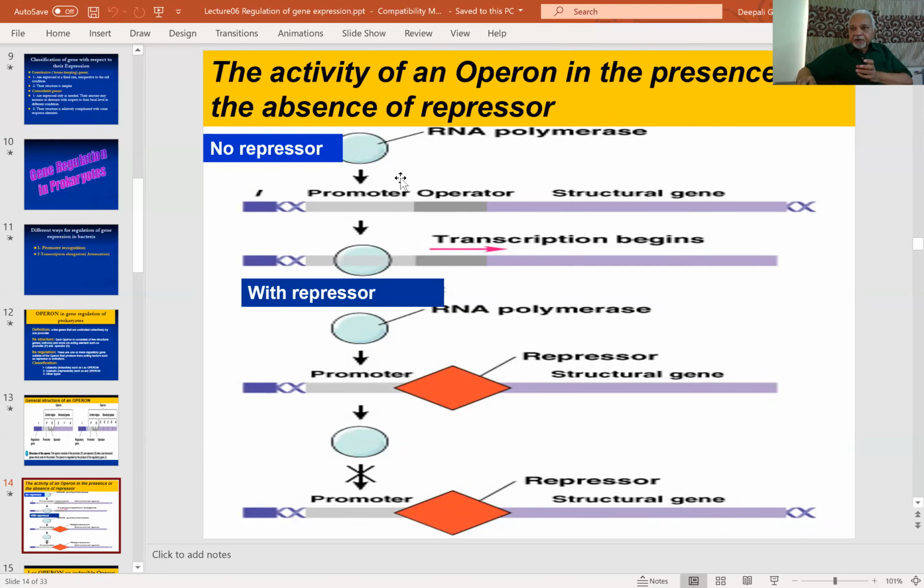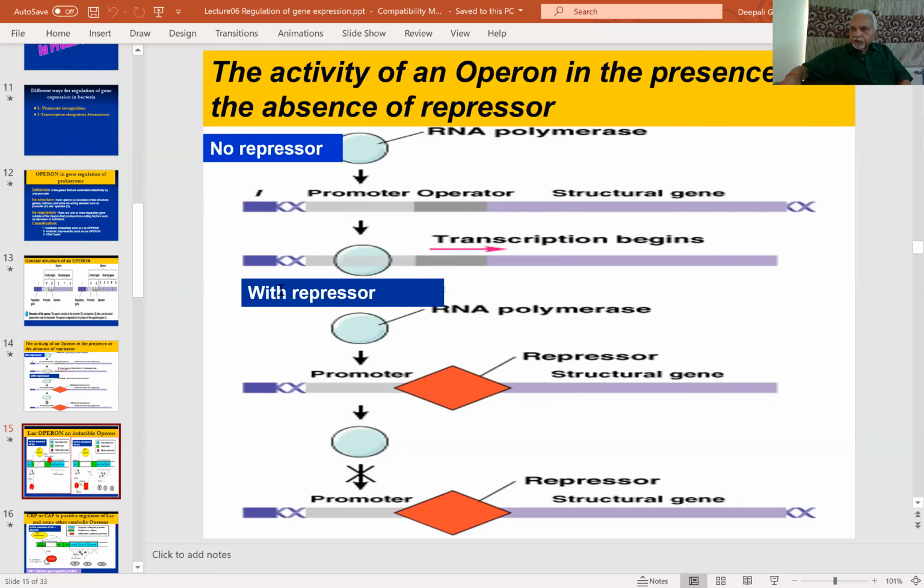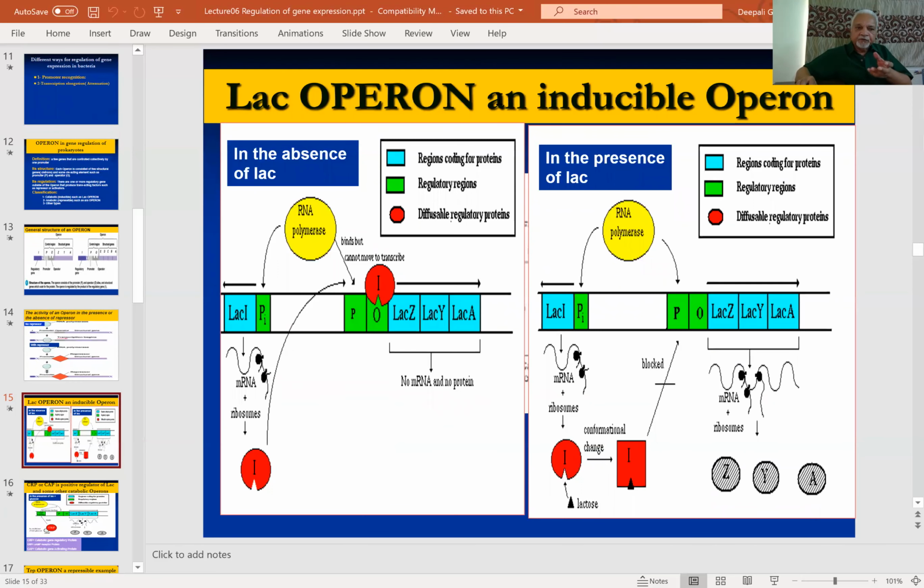So what happens when a bacterium is grown in the presence of lactose? The lactose is taken inside the cell, like here.